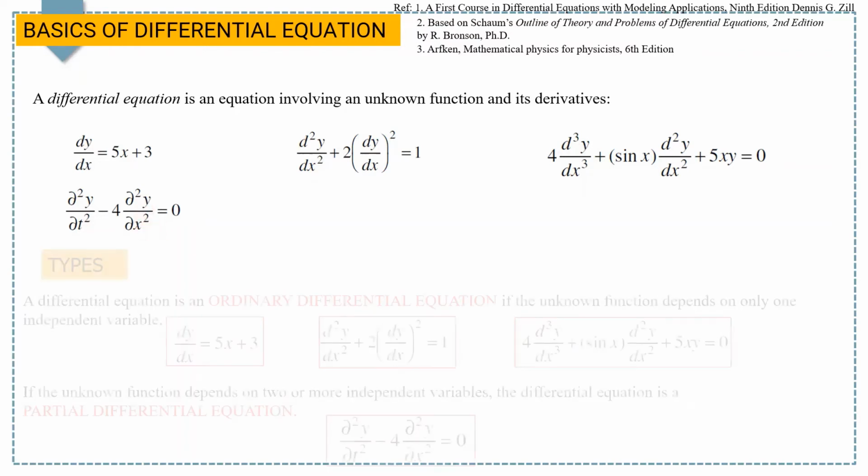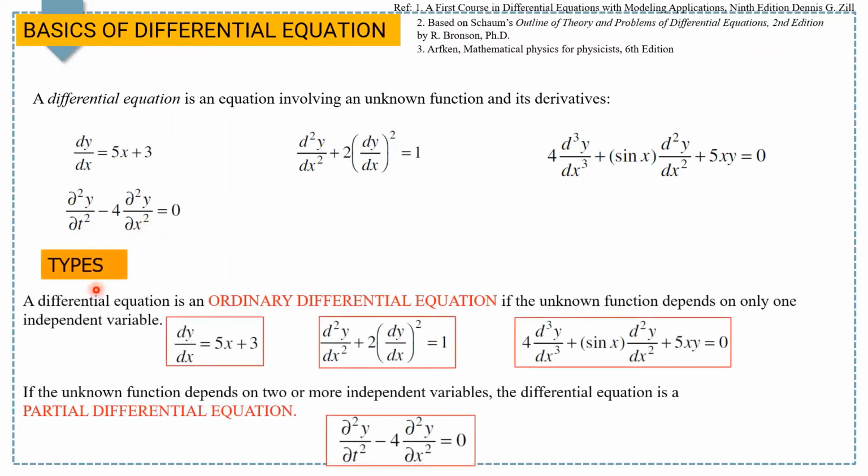We can classify differential equations by their types. For example, a differential equation is called an ordinary differential equation if the unknown function depends on only one independent variable. For example, you can look at these three differential equations where the unknown function y depends on only one independent variable, and that is x.